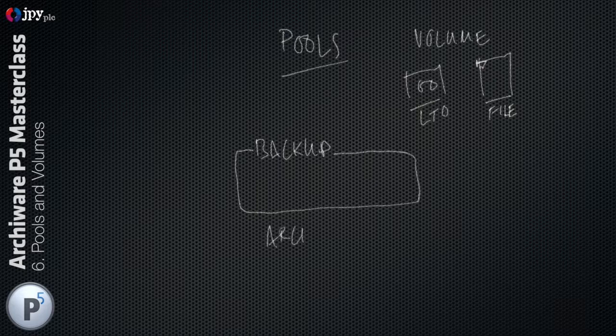You could have an archive pool over here, and you could have a backup pool for full backups and a backup pool for incremental backups, and you can divide things up as you wish. Once you've created your pool, you label and therefore create volumes within the pool.